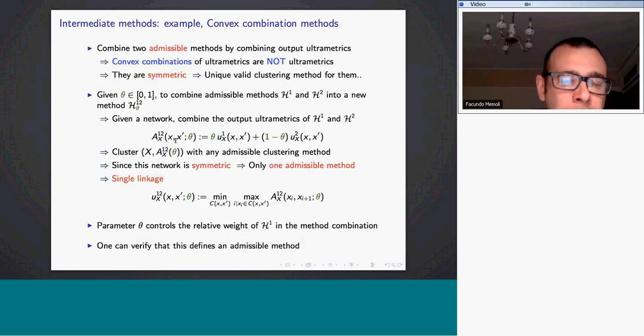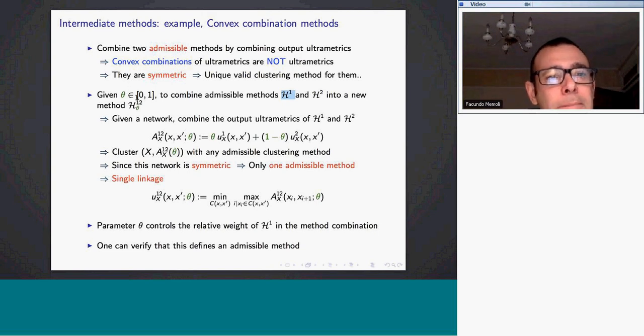So this is another family of methods, but the construction is itself very simple to describe. Suppose that you have any 2 admissible methods, H1 and H2.